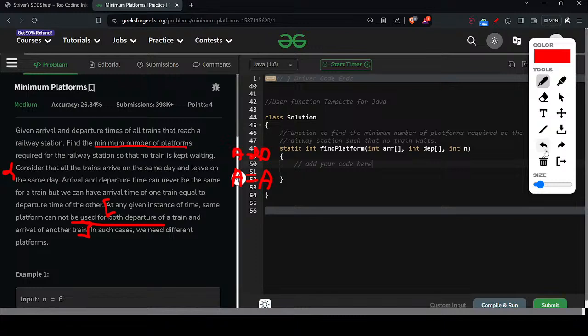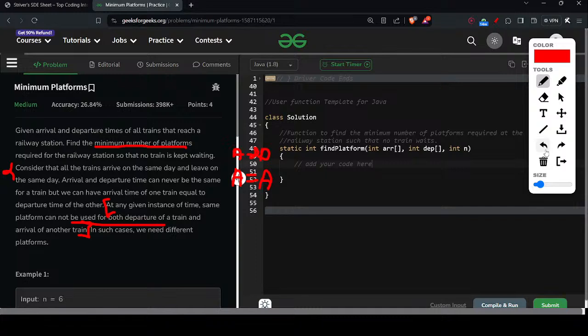So what points can we get? Find the minimum number of platforms such that, considering all trains arriving and departing that are given, the arrival and departure of trains don't collide with each other.